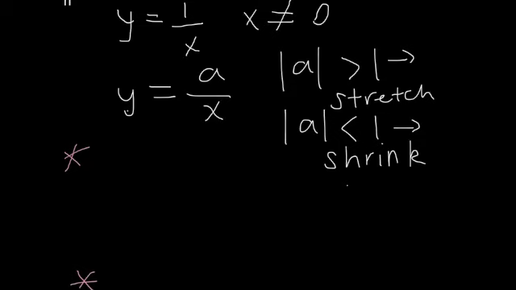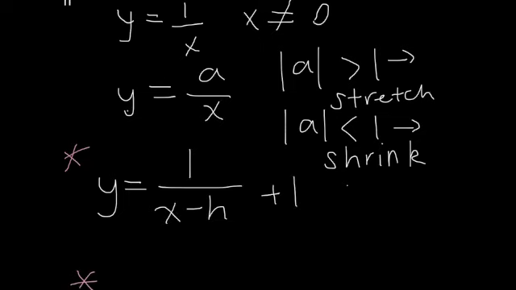So that's stretch and shrink. And the last one is a translation vertically and horizontally. And so this would look something like this: y equals 1 over x minus h plus k.